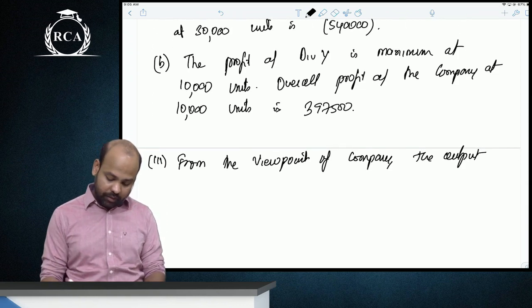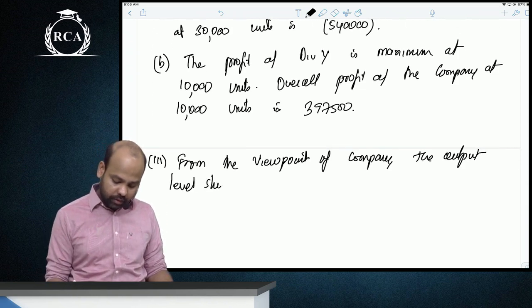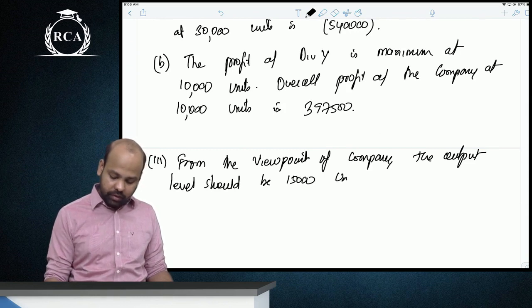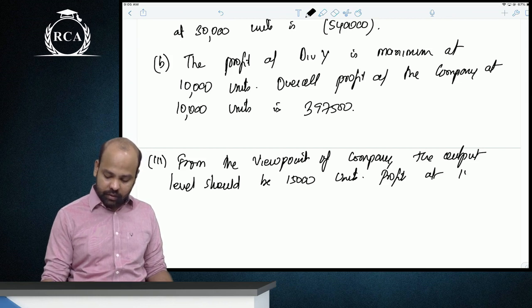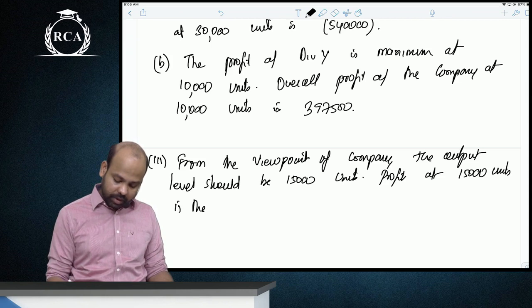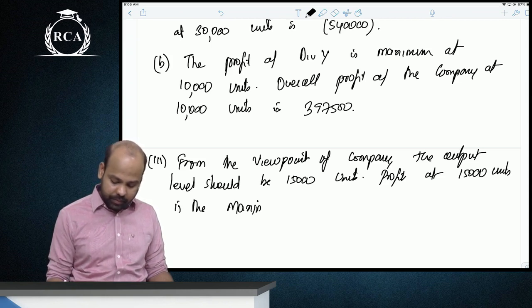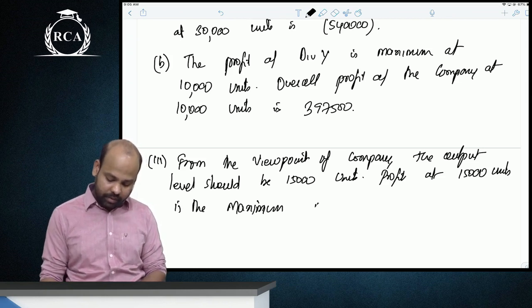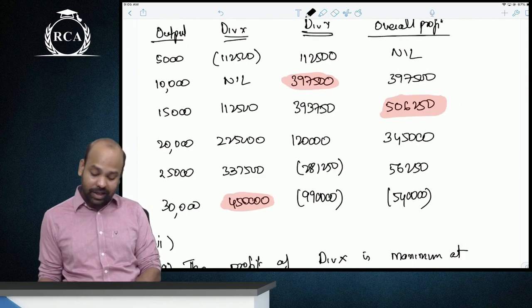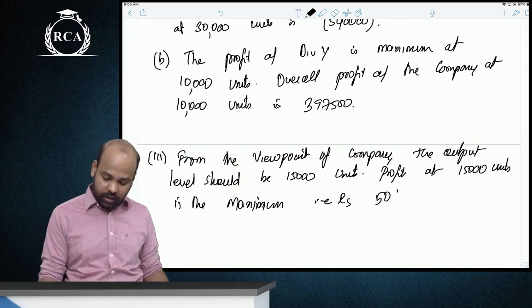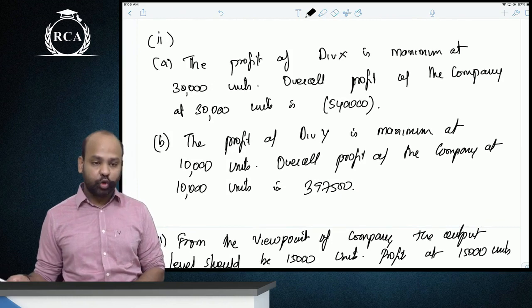Profit at 15,000 units is the maximum. That is rupees how much, beta? 5,06,250. These are the conclusions that we are supposed to write, guys.